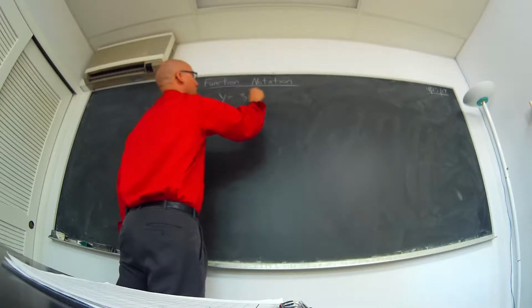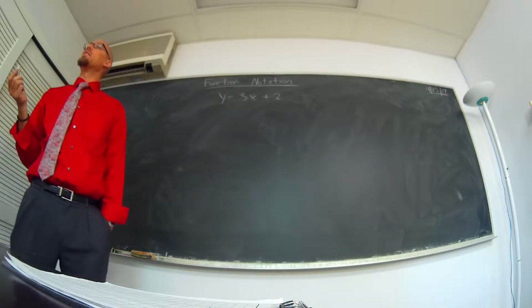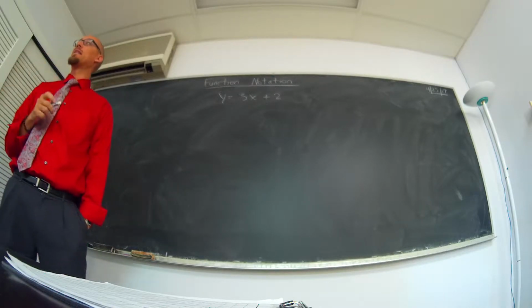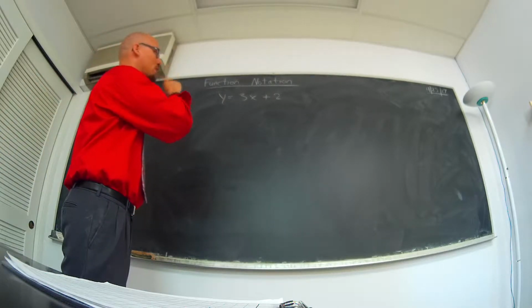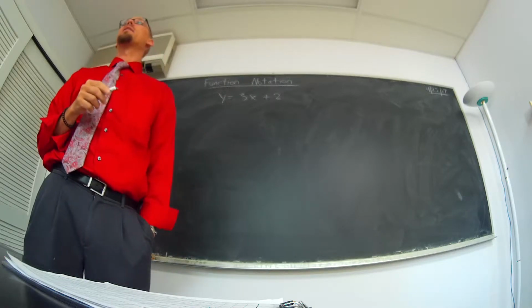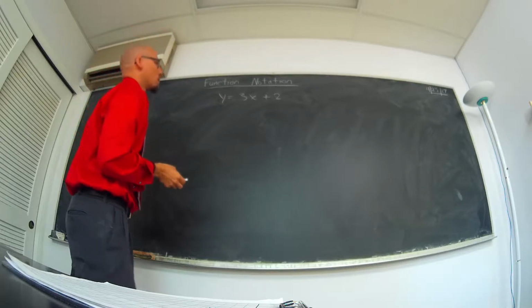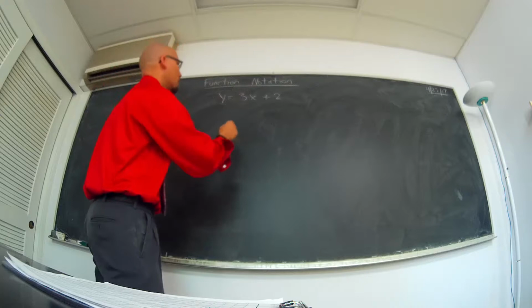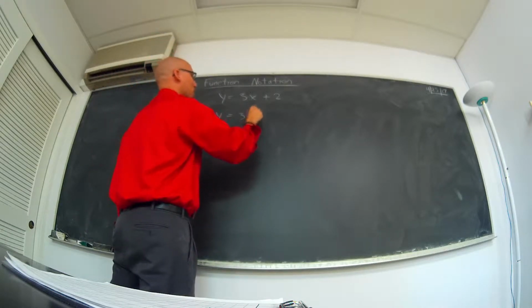You guys remember y equals 3x plus 2 is a linear equation? Or a linear function? Remember those days? So when we wanted to find a y value for a given x value, we would plug in x equals 3.